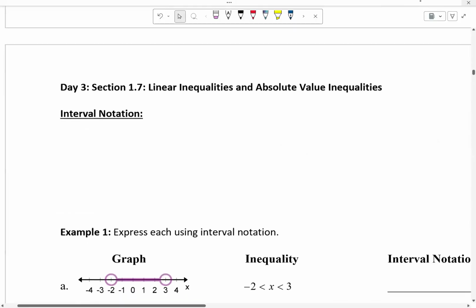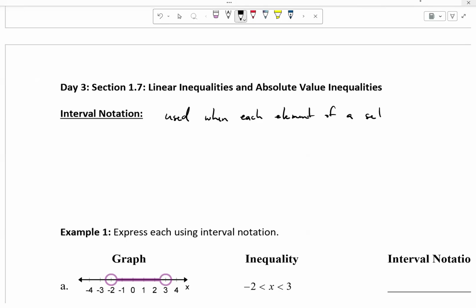Interval notation. This is used when each element of a set can't be counted.